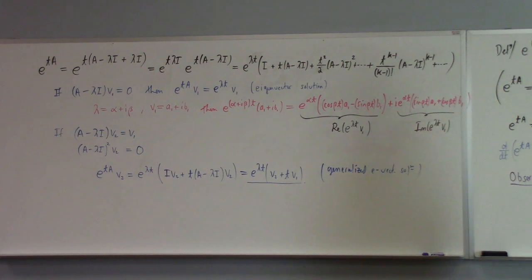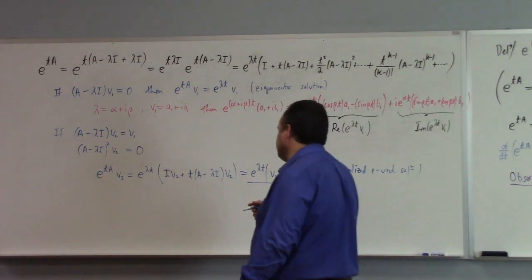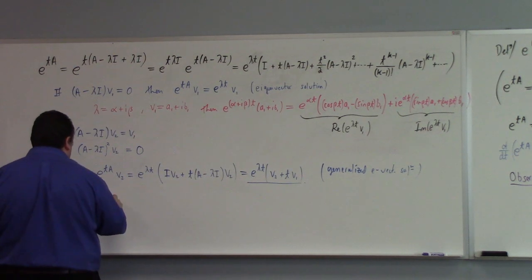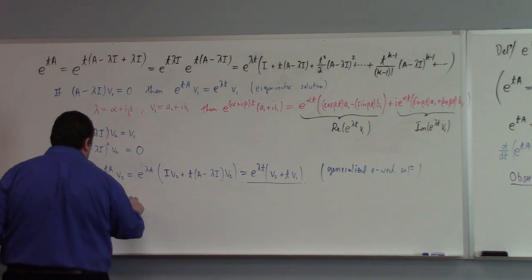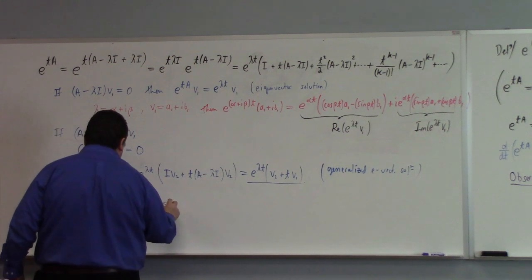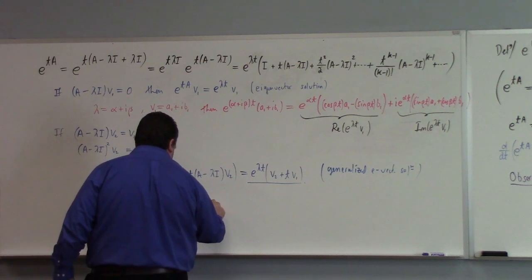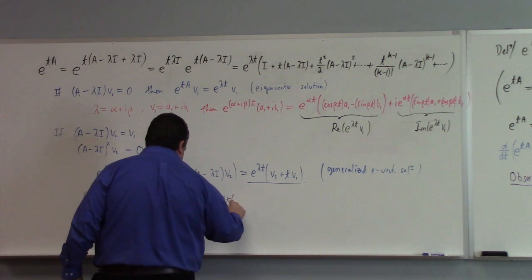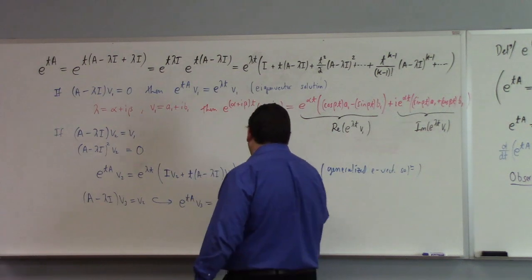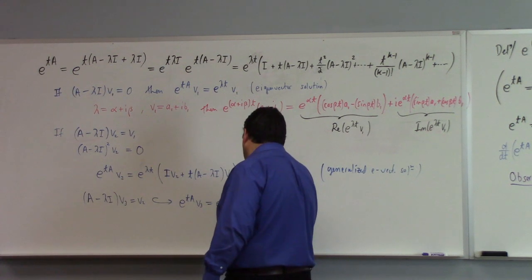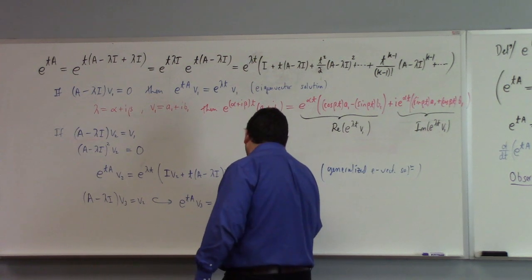What happens if we have a 3-chain? What if we have (A minus lambda I) v3 equals v2? You see what's going to happen here? We get e to lambda t times what? Same thing as before, but now we get v3 plus t times, yeah, you probably know what the answer is.